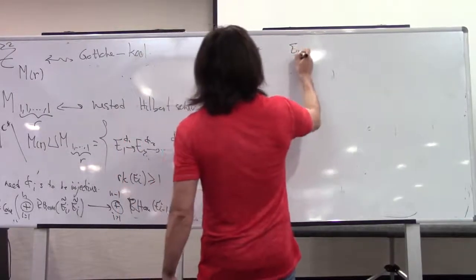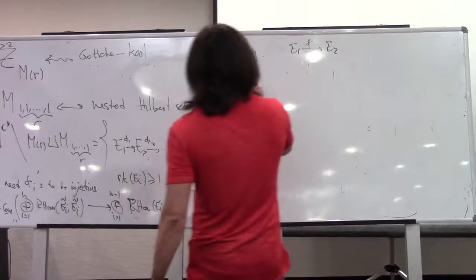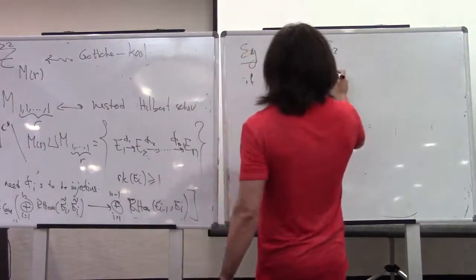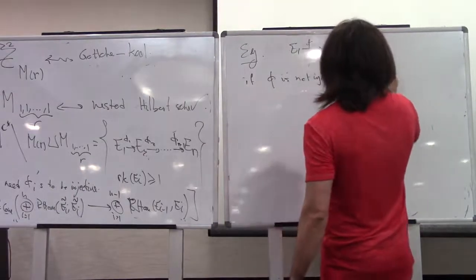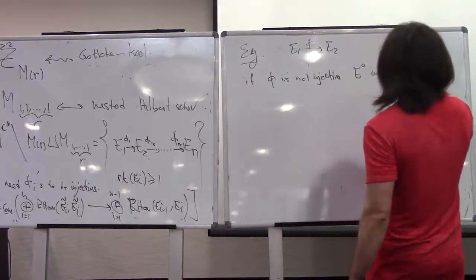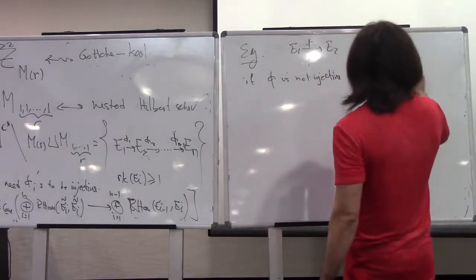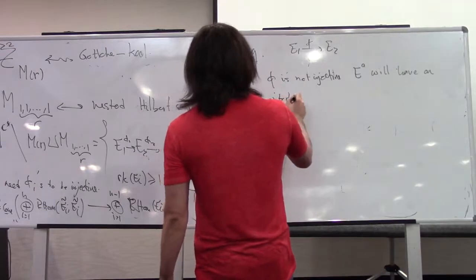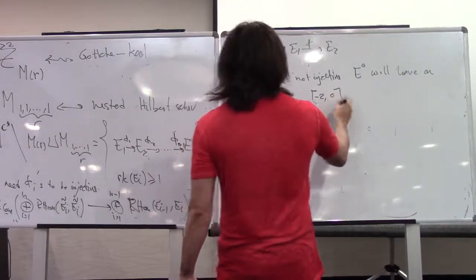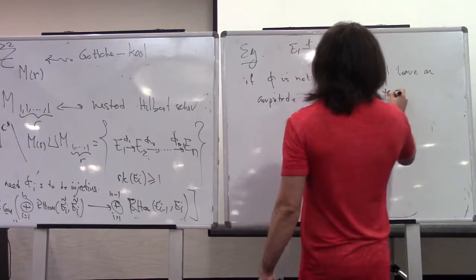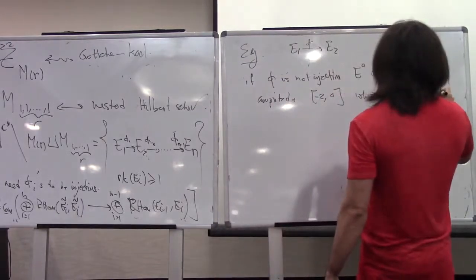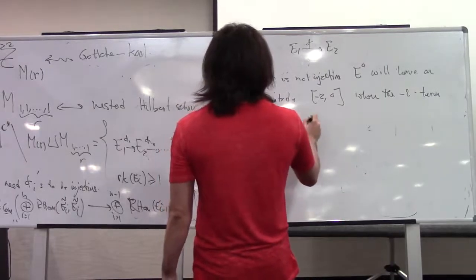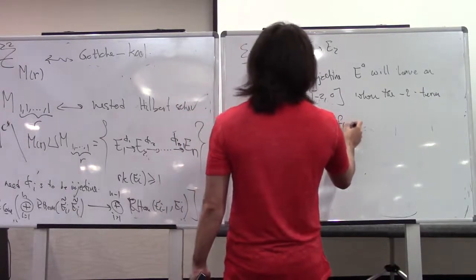For some example, let's say I'm looking at E1 to E2. If phi is not injective, E dot will have an amplitude in degrees -2 to 0, where the -2 term has contributions from the kernel of phi.